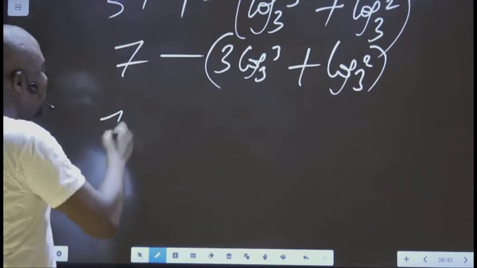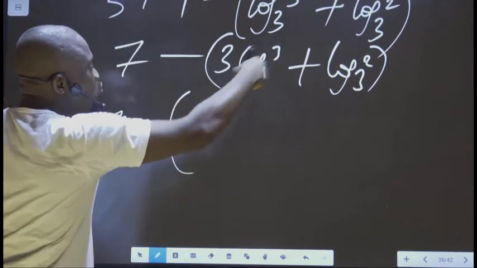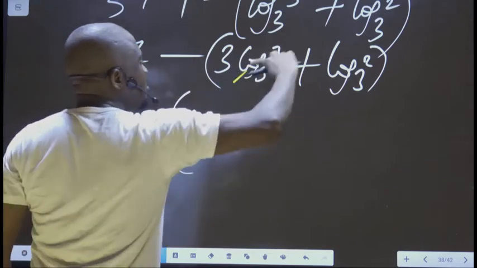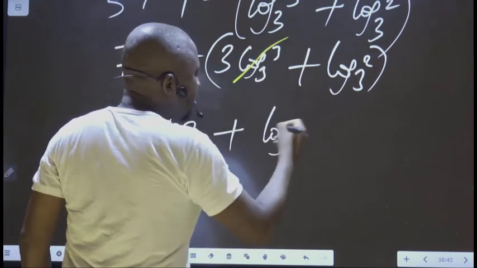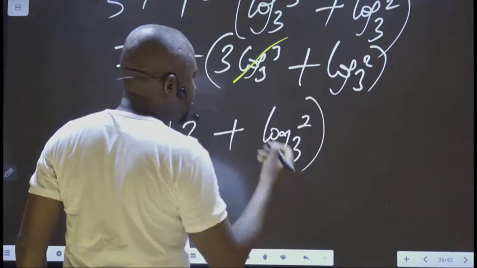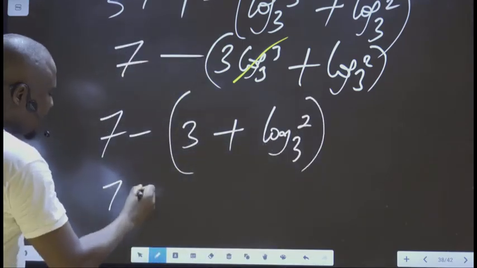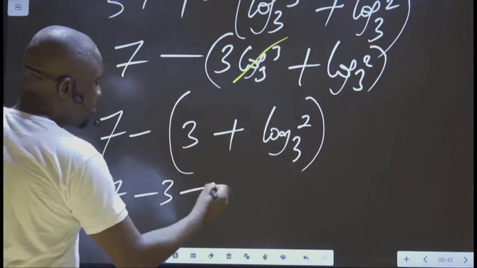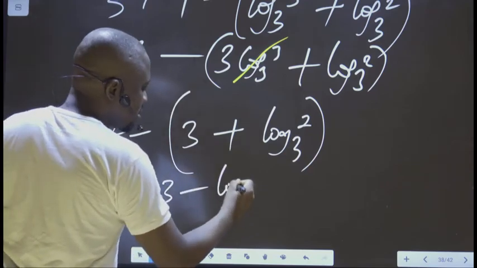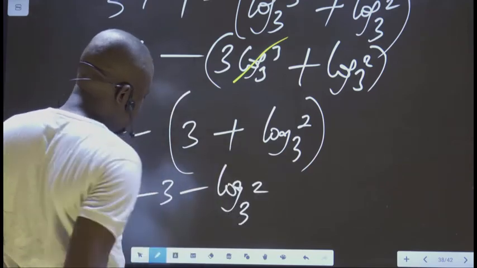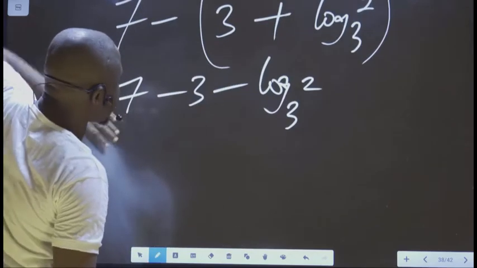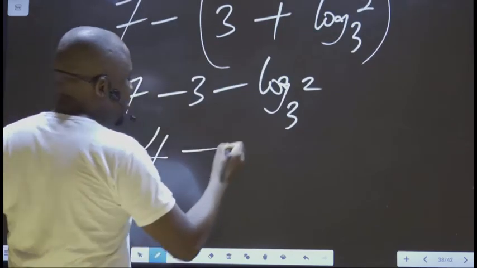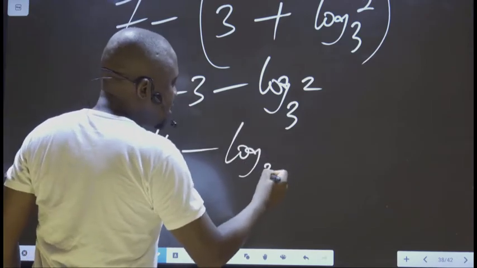You see, this will give us 3 because this is gone. Plus log 3, 2. 7 therefore minus 3 minus log 3, 2. What is this? This means 4. That is 4 minus log 3, 2.